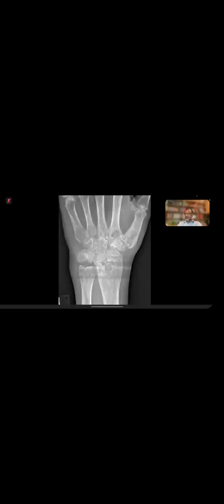Let's go back. Okay, all the differentials you mentioned are correct. I would call it rheumatoid arthritis. I would call it septic arthritis because there's soft tissue swelling, erosions, osteopenia. Everything fits in both conditions. But we forget about gout because it is such a mimicker that it can basically toss you up sometimes.